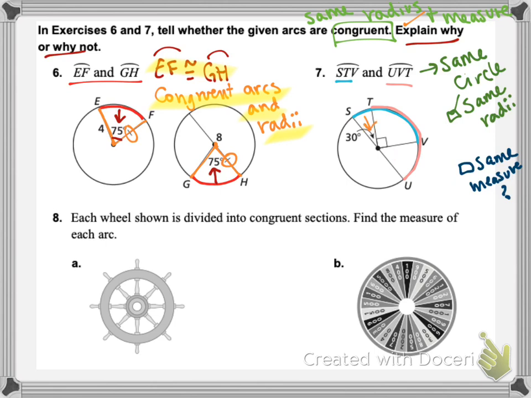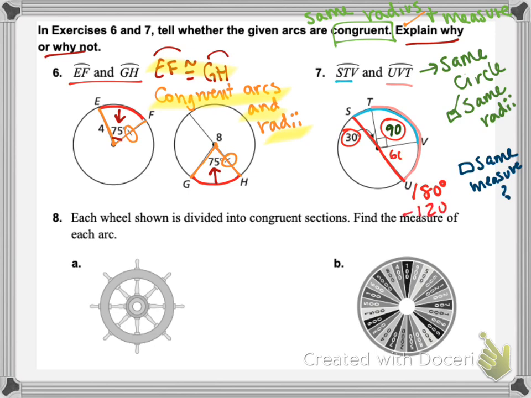You can already tell they're not going to be congruent. Here's why. This is 90, right? If you notice, you have the diameter. So that means the arc all the way through is 180 degrees. You already have 90 and 30. 90 plus 30 is 120.